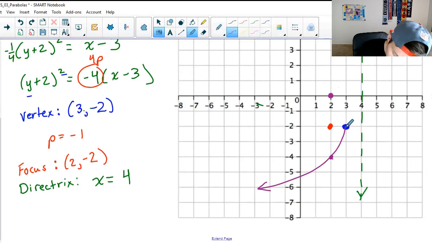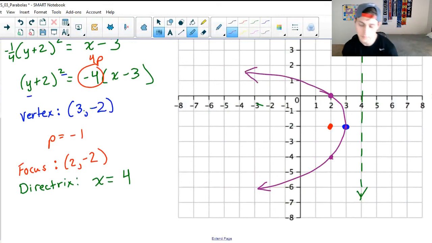And I can sketch out my parabola. We're golden.